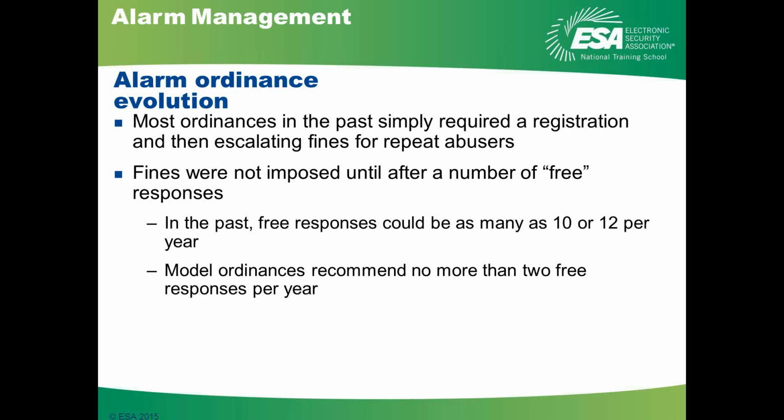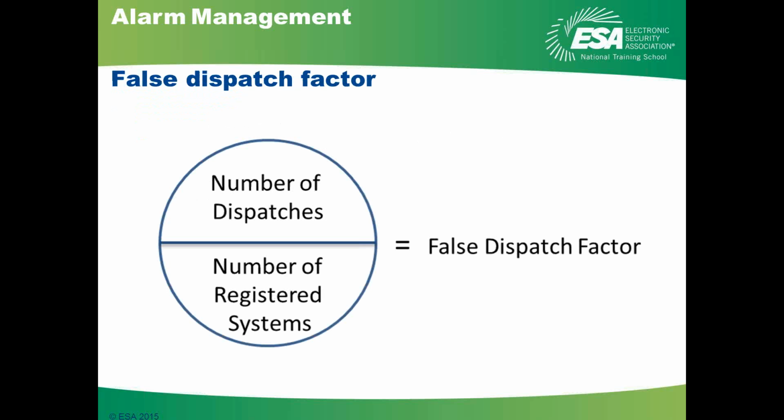So we talk about where we started and where we came from to where we are today. I think a lot of individuals had problems understanding the dispatch factor and how to figure it out.